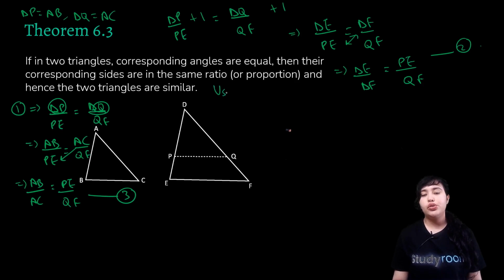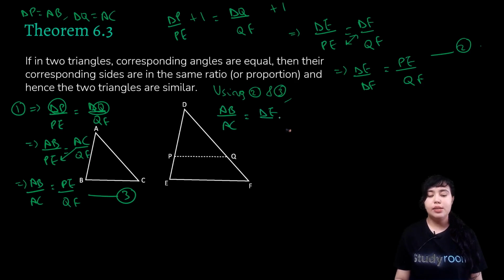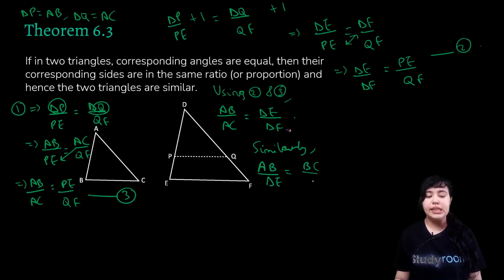Using equations 2 and 3, see, PE upon QF is common, so we can equate AB upon AC and DE upon DF. Okay, in a similar manner, if you proceed, you will get AB upon DE as BC upon EF.